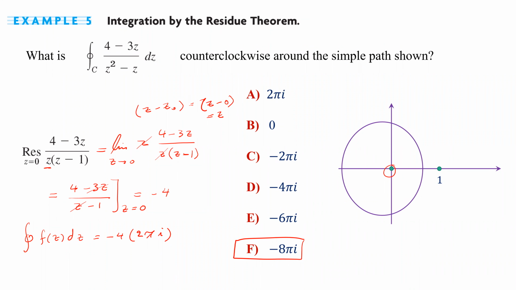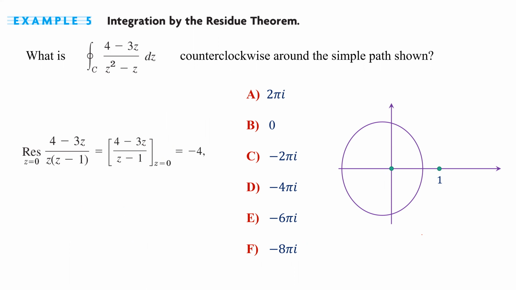Okay, yeah, I got it. All right. Thanks for asking the question. Any other questions? All right. So that becomes negative 4.